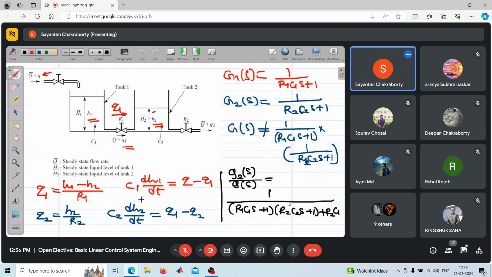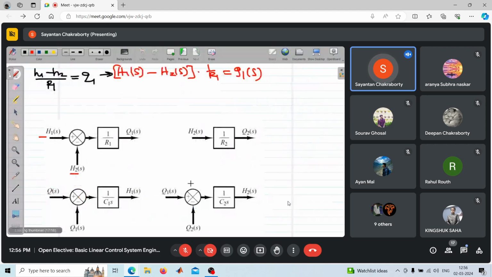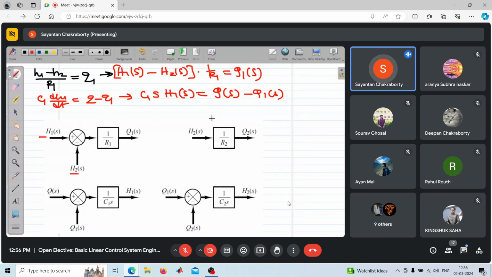Next, Q minus Q1 equal to 1 by C1s H1, because I have, let me write this down, C1 dH1 dt is equal to Q minus Q1, that is C1 S H1 S is equal to Qs minus Q1s.